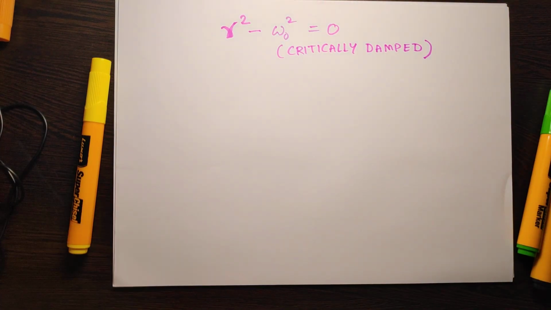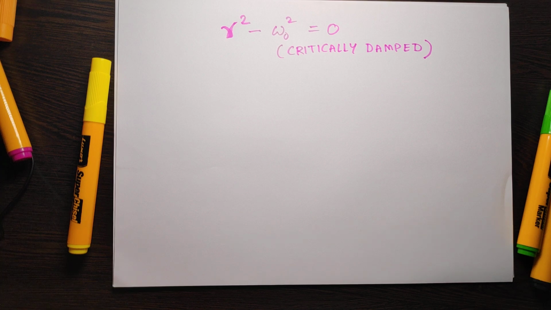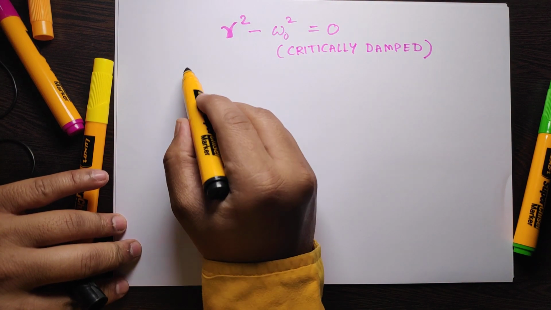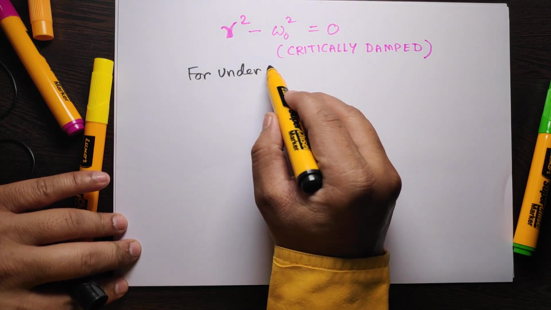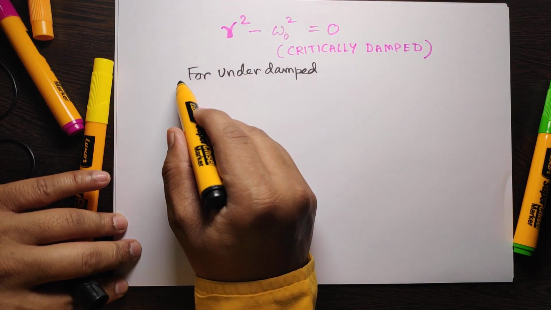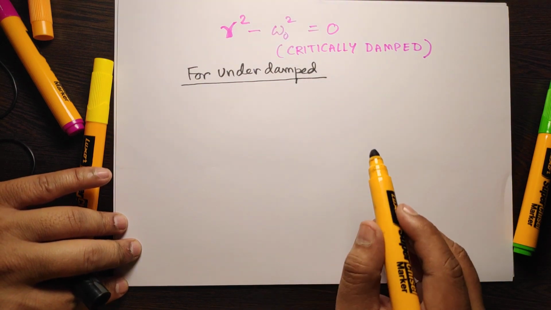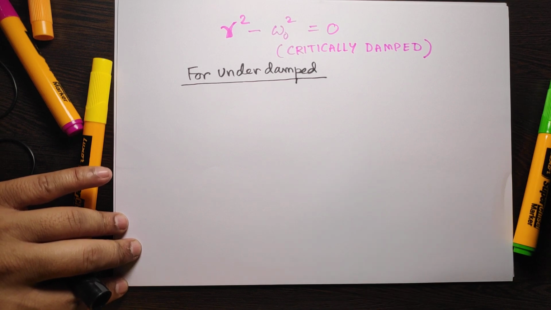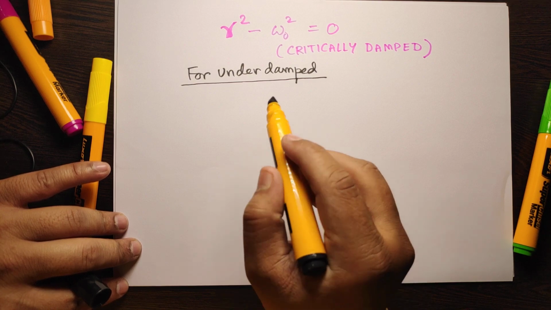Oscillation happens only when it is under damped. So oscillatory motion means it should be under damped.